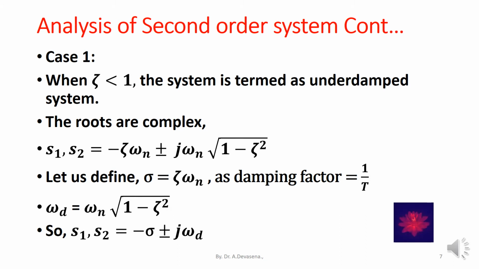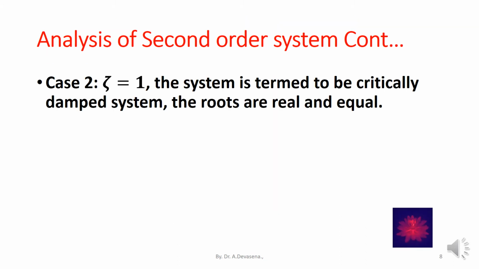Case 2, zeta is equal to 1. The system is termed to be critically damped system. Therefore, the roots are real and equal for critically damped system. Here is the value of the roots. s1, s2 is equal to minus omega n.